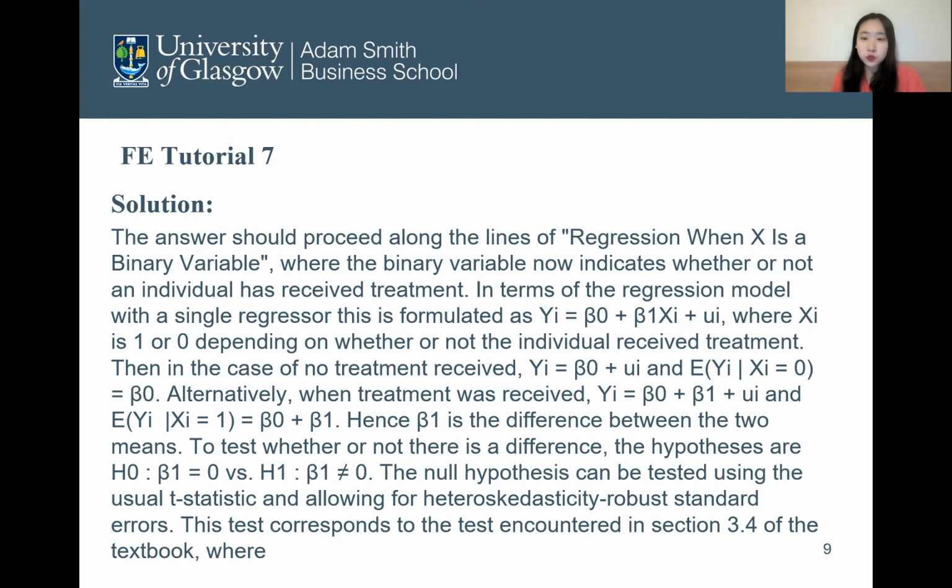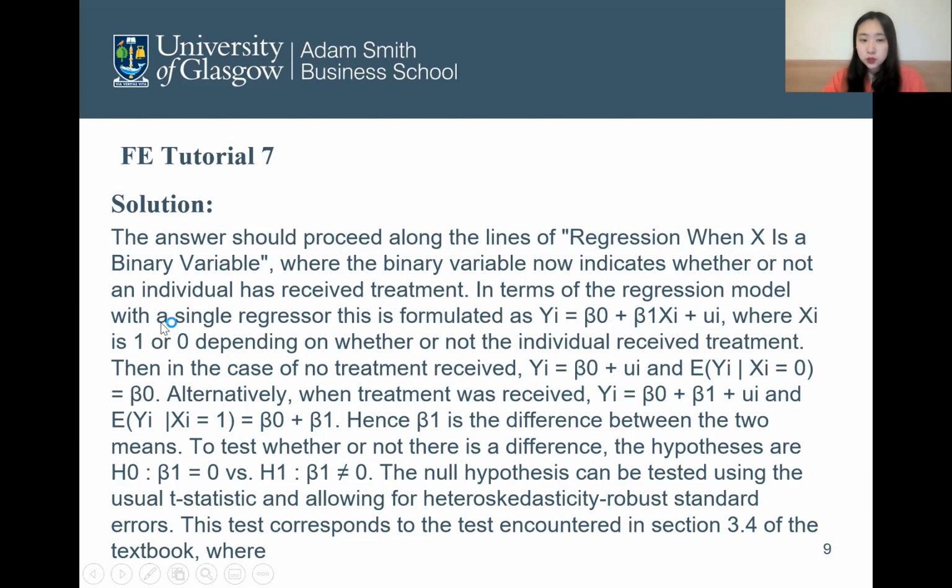In terms of the regression model with a single regressor, this is formulated as Y = beta 0 + beta 1 X + error term. This is the basic regression model that only includes one variable, where beta 0 is the intercept coefficient.